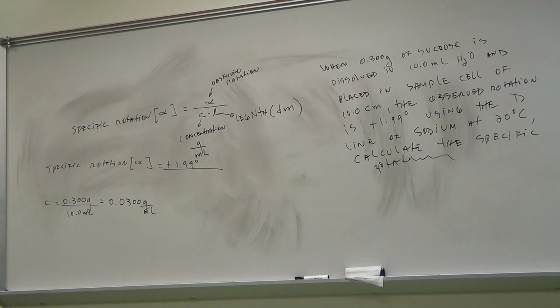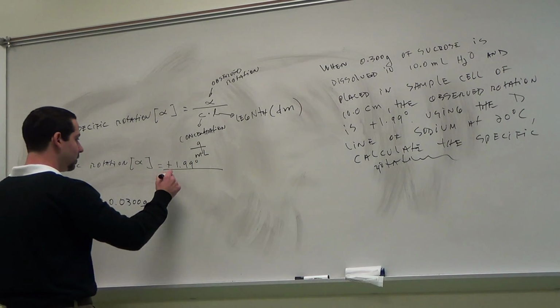Is that right? You guys put it in the calculator? Sure? I got 0.03. Yeah, of course, because the calculator is not very smart. It believes that those zeros are not significant, so it just gives you the number without the zeros. But since you are smart, you notice that those zeros go there, yes? And you are going to write this number here.